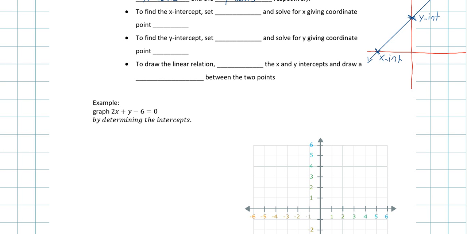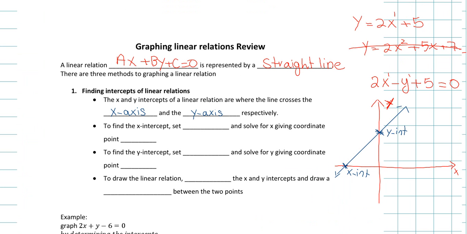So set y equal to 0, and solve for x, giving the coordinate point x, comma, 0. To find the y-intercept, what do you set equal to 0? X. And solve for y, giving coordinate 0, y.